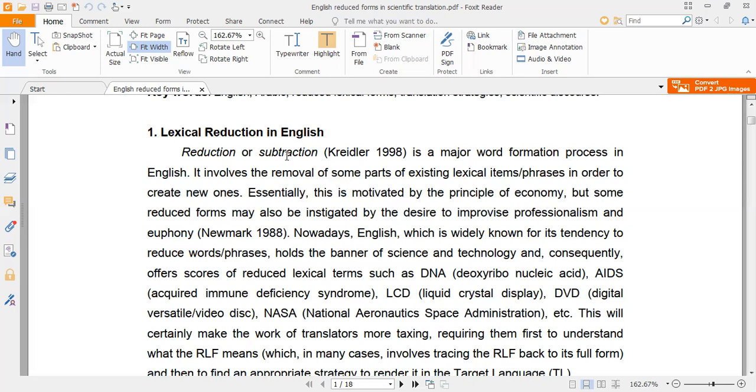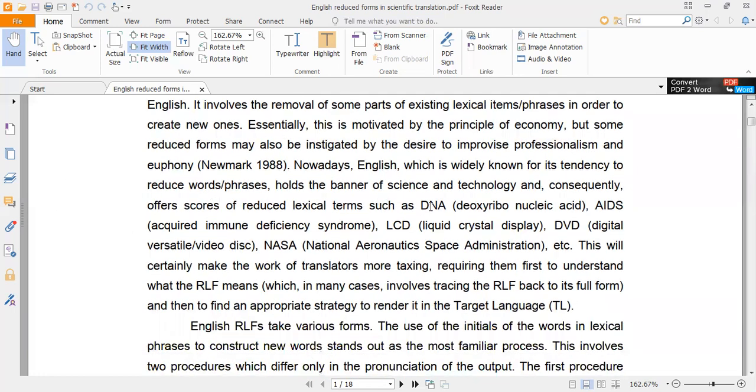For example, look at these: LCD, liquid crystal display. We have three lexical items. They are taken as LCD. LCD is a new vocabulary, a new item which is shorter than the original one.